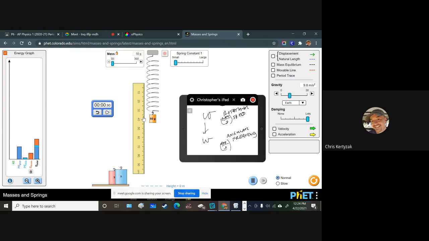And then I would like this to be a ruler that goes 0, plus 10 centimeters, plus 20 centimeters, plus 30 centimeters. And then below 0 would be negative 10 centimeters, negative 20 centimeters, negative 30 centimeters, and so forth. They don't have that. They should, because that's how we usually track the motion of an object that's moving back and forth in the simple harmonic motion manner.